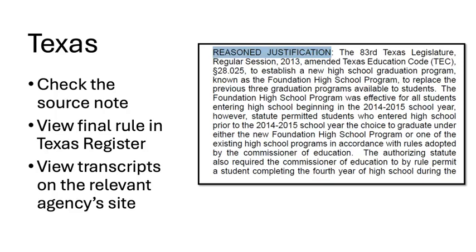With respect to Texas, you'll find that same source note at bottom, right? So you'll find the Texas Statutory Code section that provides authority for that regulation. And then you can also view the citation to the final rule. So if you're looking in the Texas Administrative Code, at bottom you would find a citation to the Texas Register, right? And then you go there to look for the proposed or final rule before that codified version.